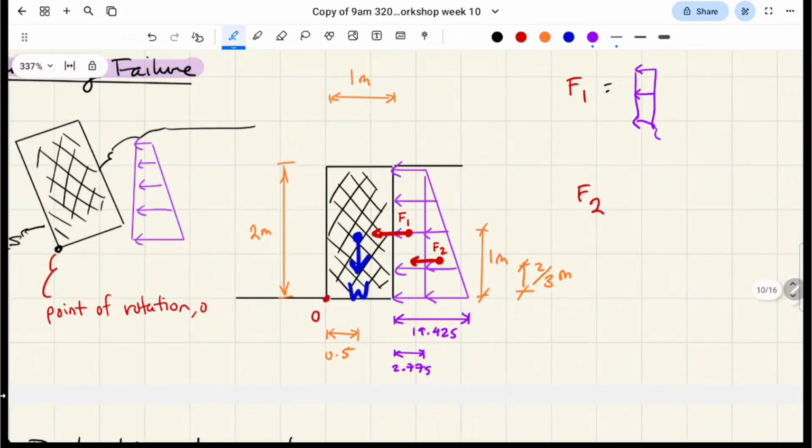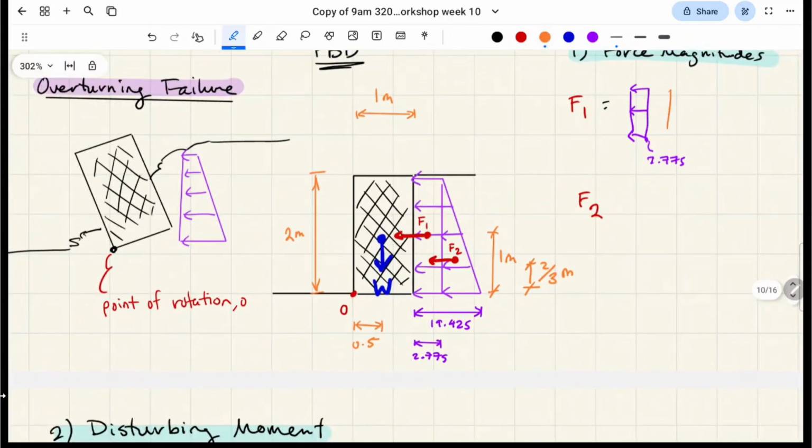Yeah, so for this rectangle, this was 2.775, right? And in terms of its height, 2 meters, right? Once we calculate that area, that's going to be 5.55 kilonewtons. We only care about per meter run, yeah. So we don't care about into the page or anything. It's just the area of the rectangle, yeah.